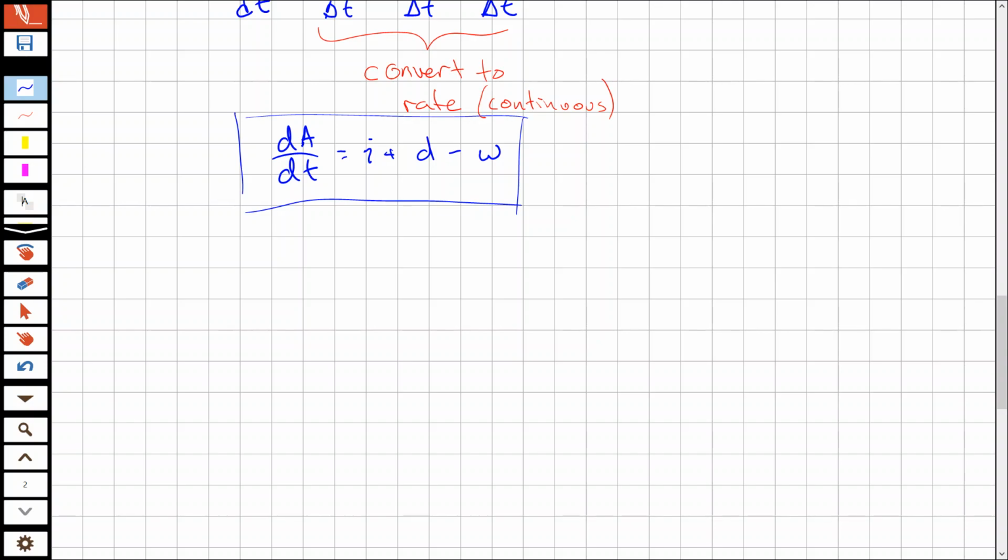Okay, next we need to determine how these variables are related. So our constitutive laws tell us how these variables are all related to each other. Do I just pick numbers? The one that in our case matters: deposits and withdrawals aren't dependent on what's there, but the interest rate is.